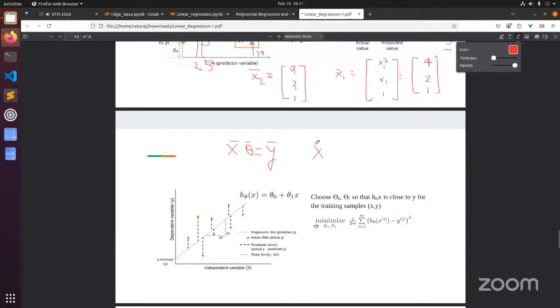X bar had x1 data point, x2 data point, and since there are 11 such data points, it had x11 data points, right? If you do x1 bar into theta, it will give you y1, x2 bar into theta, it will give you y2. So you remember this part, right?